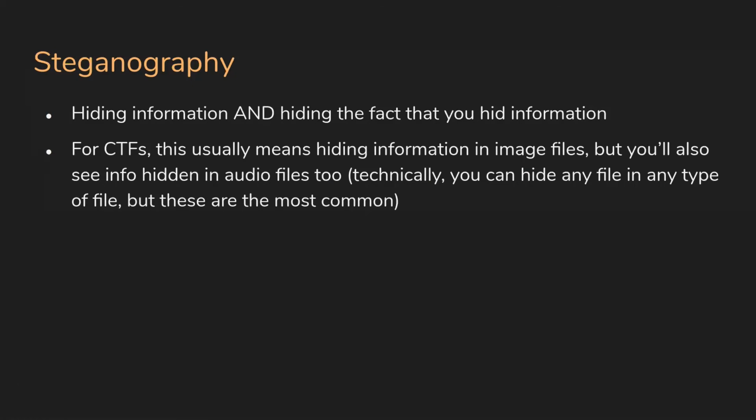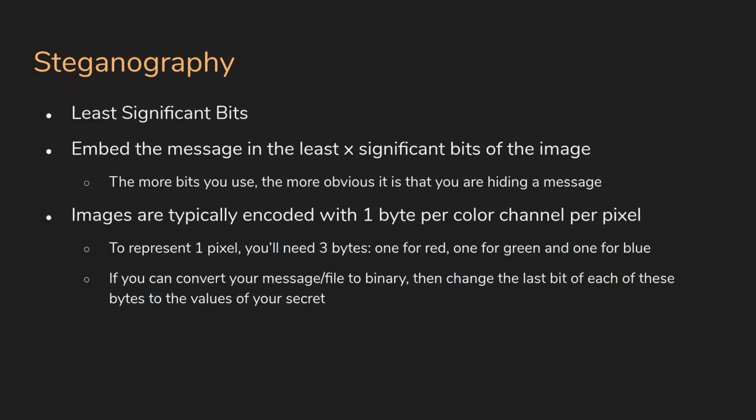Because if you look at crypto, you see all these jumbled numbers and strings, and obviously something's hidden in there. For CTFs, this usually means hiding information in image files, but you'll also see info hidden in audio files too. Technically you can hide any file in any other type of file, but these are just the most common.